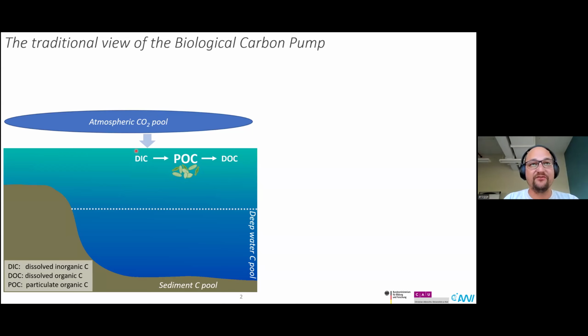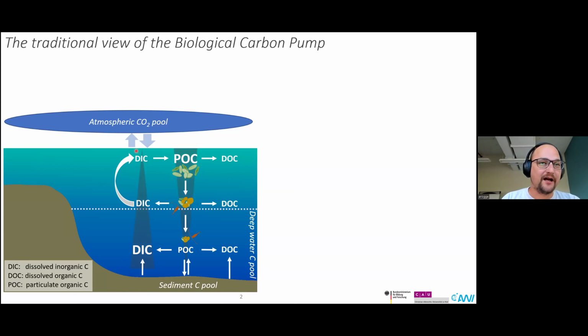Because POC above a certain size is sinking, it sinks through the water column. But usually the POC gets remineralized back into the DIC pool and recycles back into the atmosphere. Only the part which can sink through the pycnocline and end up in the deep water can stay there for a long time, which is what we call long-term sequestration.